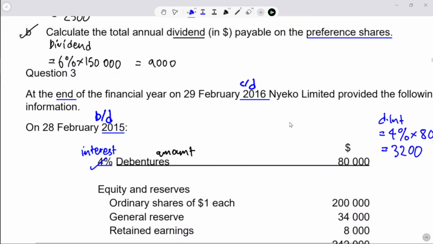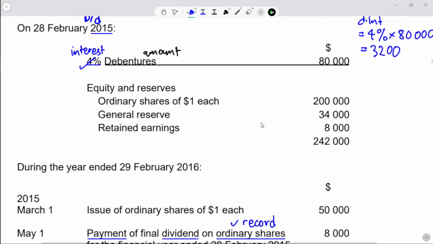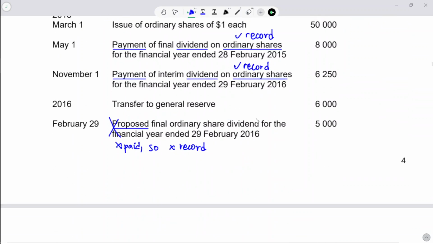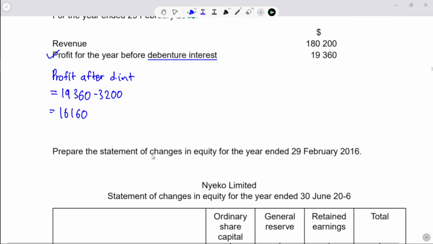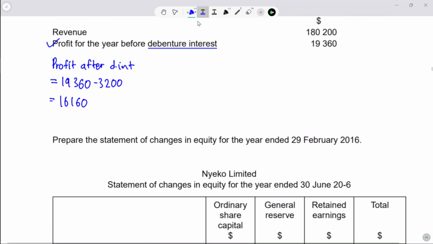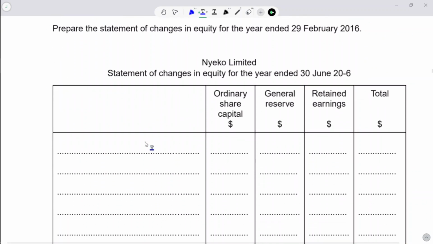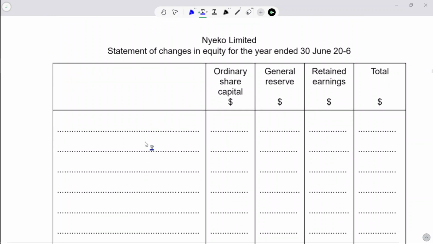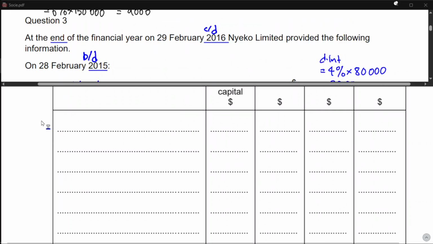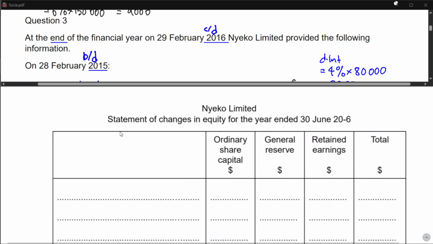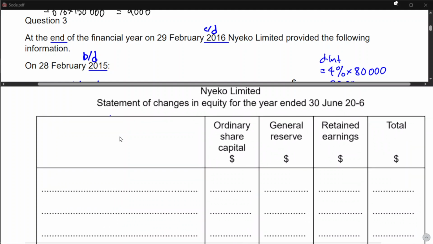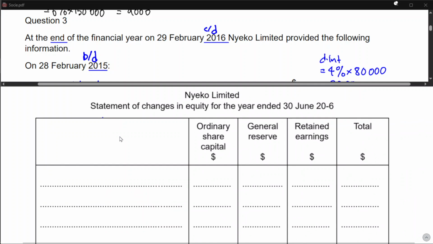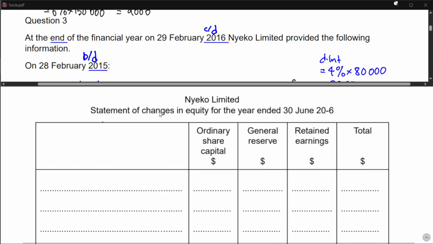Now we are reaching the end of the question, so we can start to record. He wants us to find the statement of changes in equity.